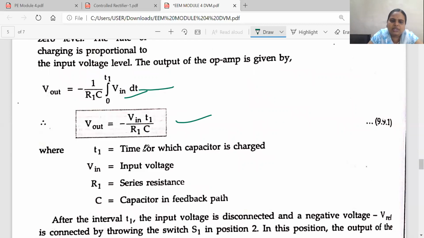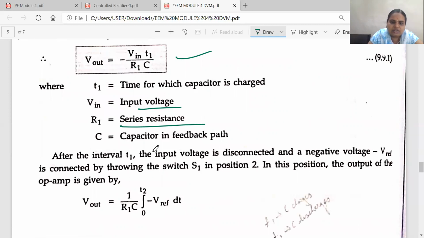Here T1 is the time for which the capacitor is charged, V in is the input voltage, R1 is the series resistance, and C is the capacitor in the feedback path.